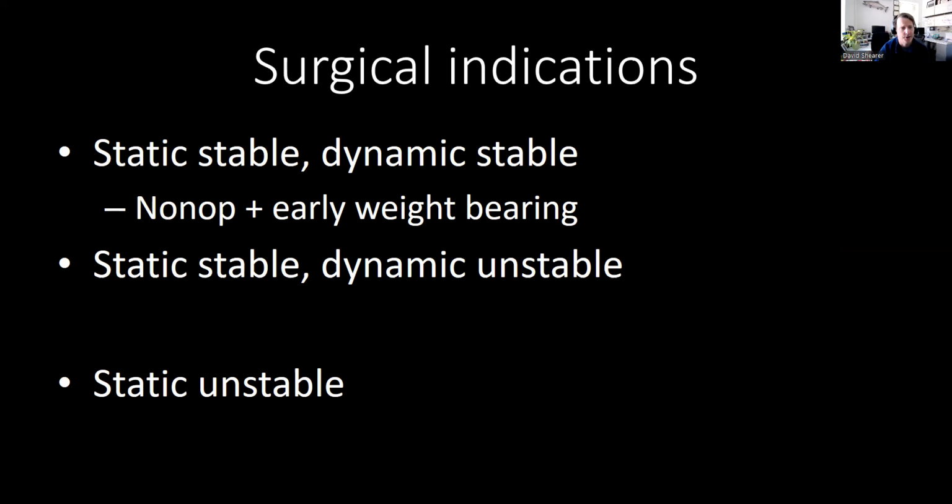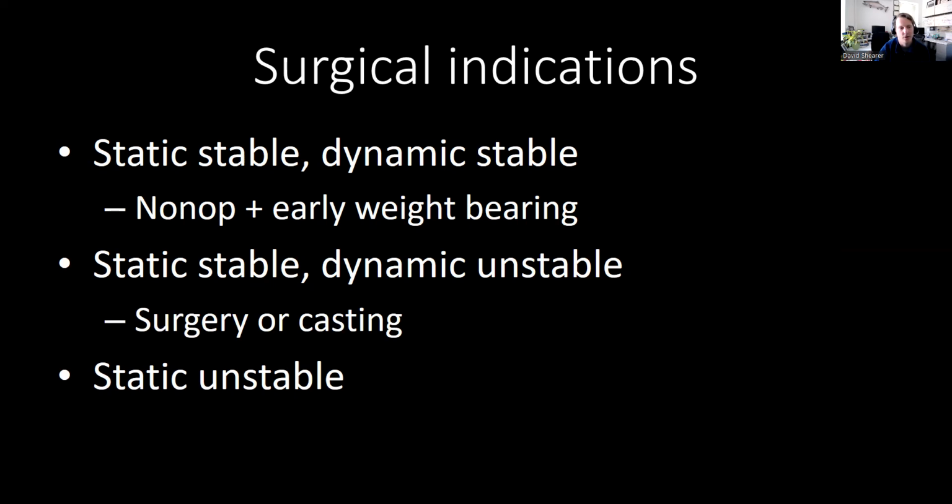In the second scenario, you have an ankle that is stable on static imaging, but unstable on dynamic imaging, like one of the stress tests that I showed. This is, I think, more of a gray zone and depends on a number of factors. I think some of these patients could be treated with surgery or with casting.